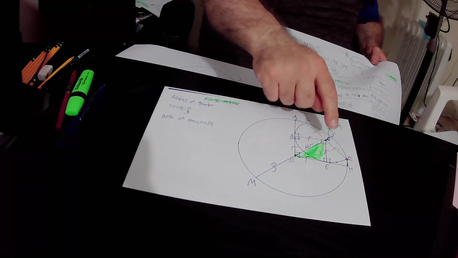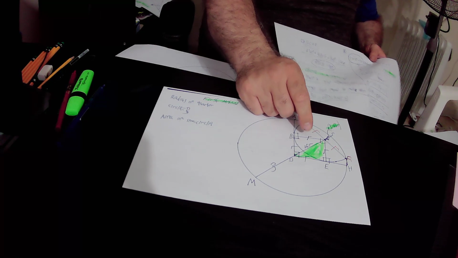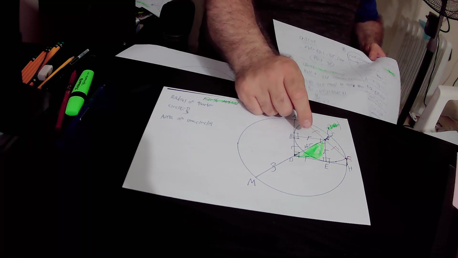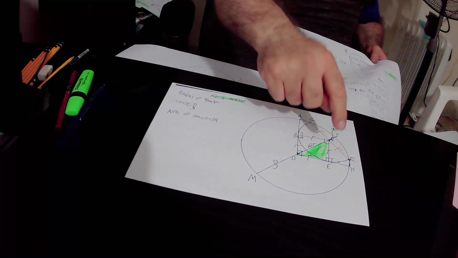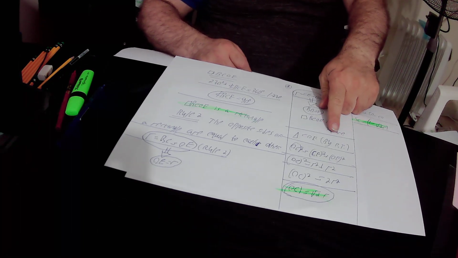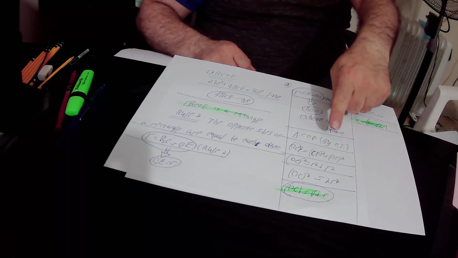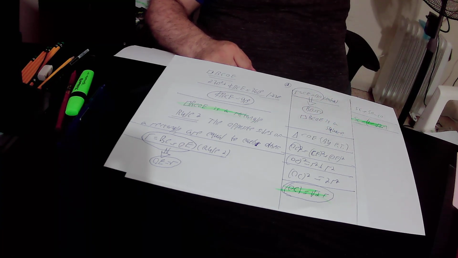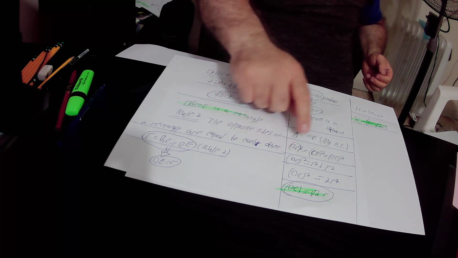In the right triangle COE, according to the Pythagoras theorem, OC square equals CE square plus OE square. OC is the missing line segment.